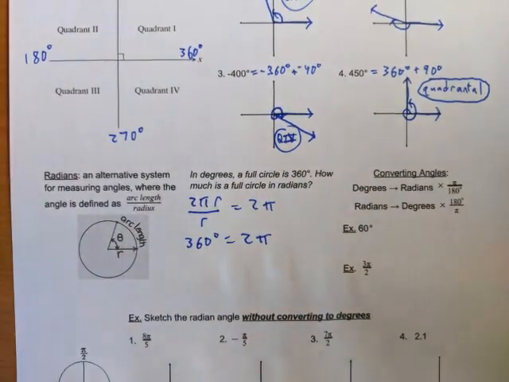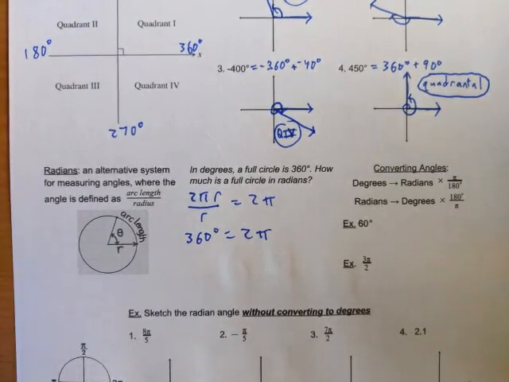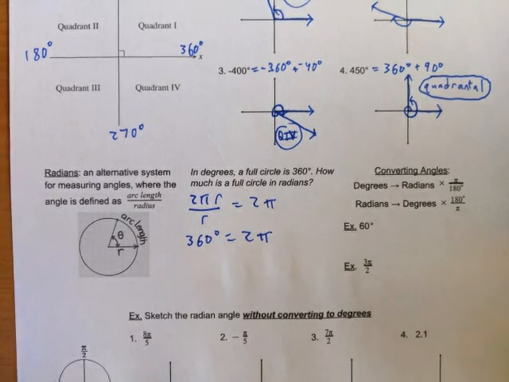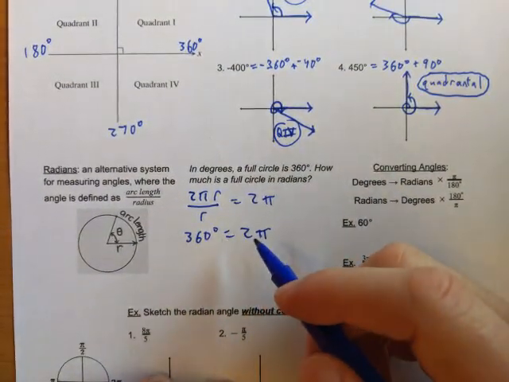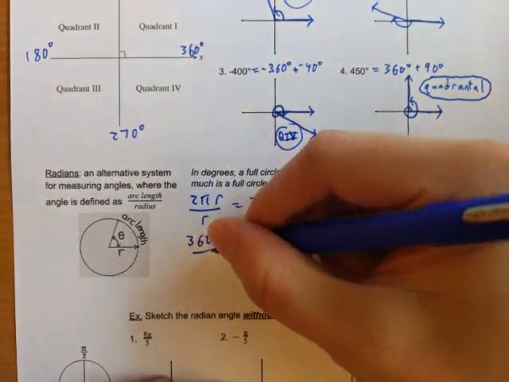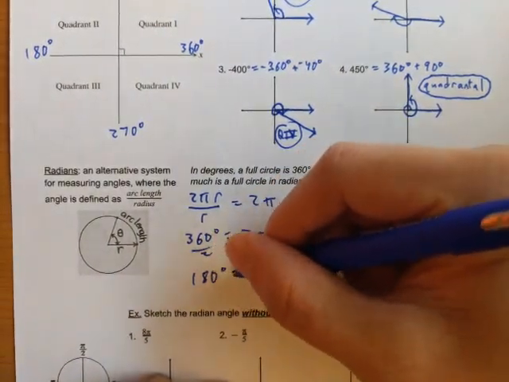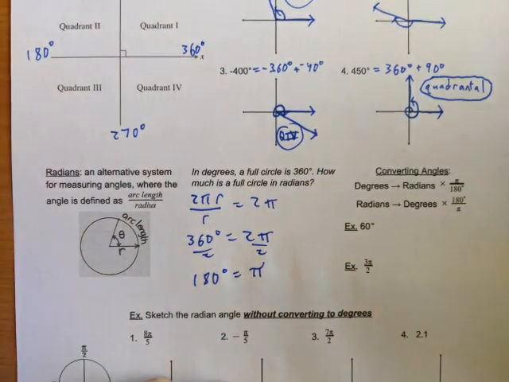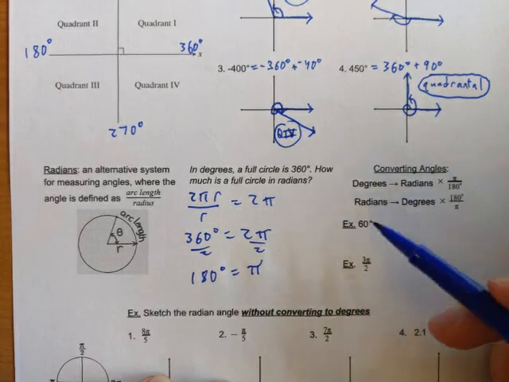So that's one thing to keep straight. In radians, one full circle is actually 2 pi. That confuses some people sometimes. Then we can simplify that to a simpler relationship. If we divide both sides by 2, we get that 180 degrees equals pi. That's the relationship we can use to convert back and forth.